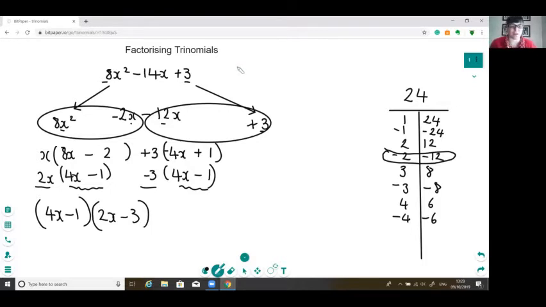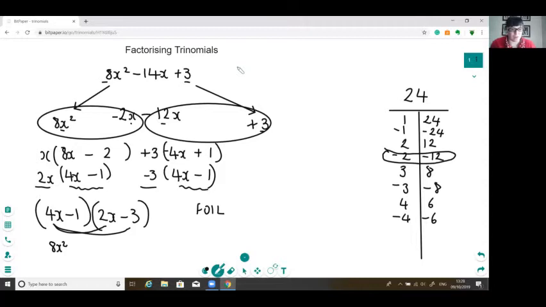Now just to check that it will take me back to my original trinomial, let's just do the FOIL method here. First, outside, inside, last. So the first one, multiply this by here. So I've got first, I've got 8x squared, and then I'm going to do the outside one.